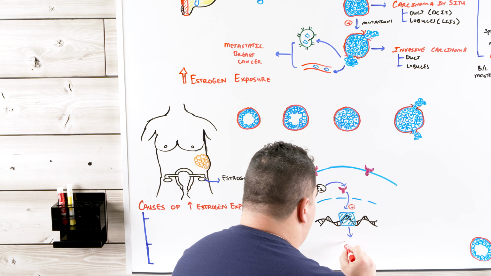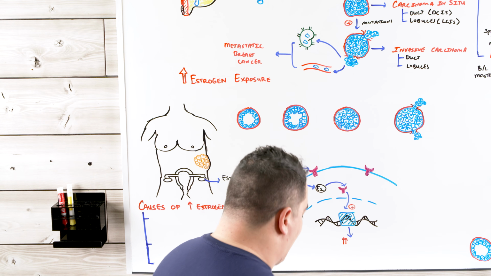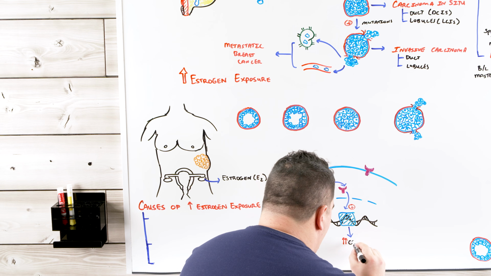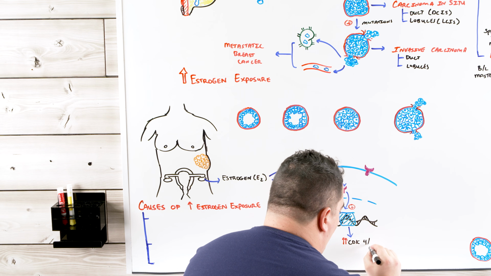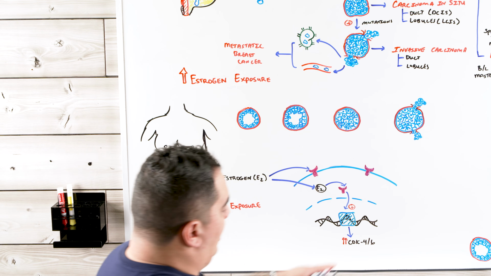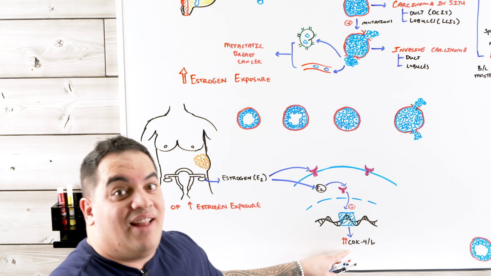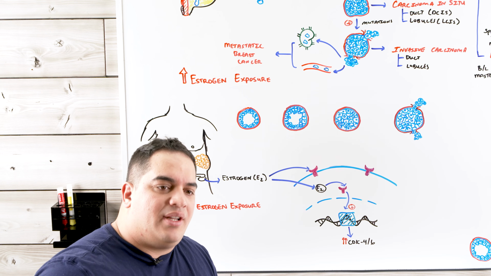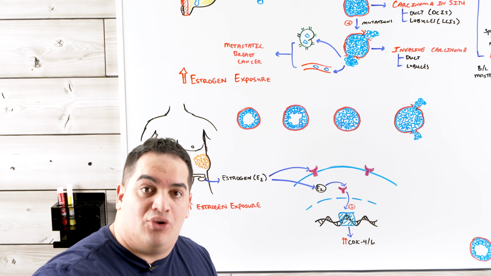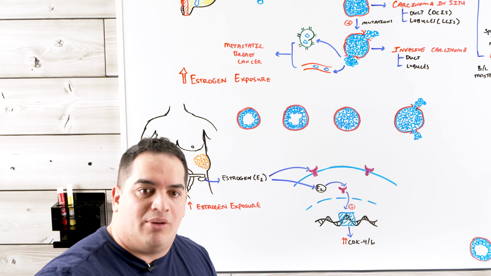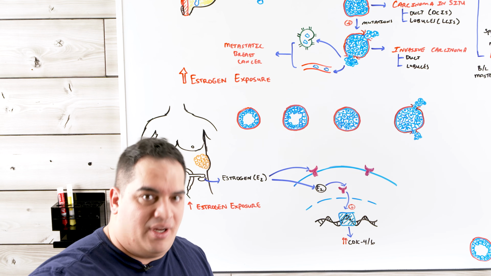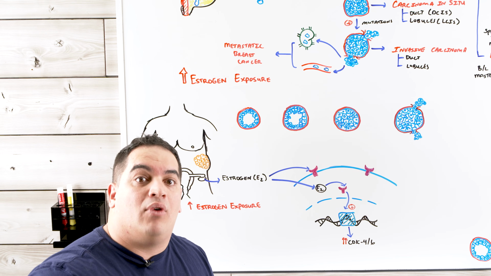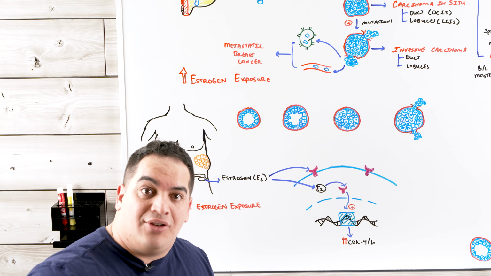Really what it'll do is increase the expression of what's called cyclin-dependent kinases, CDK, usually 4 and 6. What these things do is ramp up your proliferation, right? Because think about it, estrogen can cause some of the breast tissue to grow. That's why breast tissue starts to rise when a patient hits the point where their ovaries are producing estrogen.